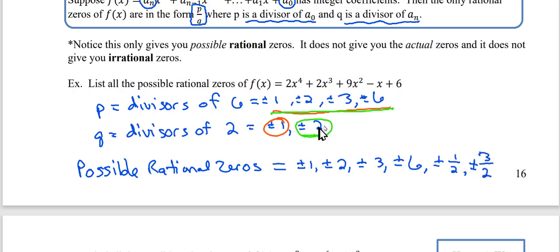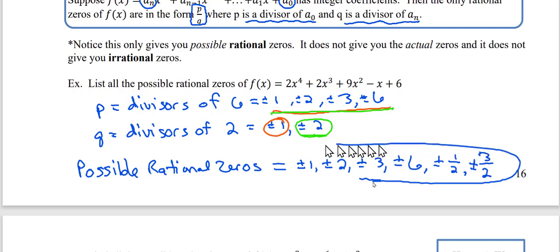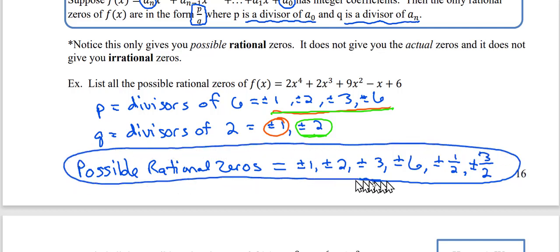And the last one, 6 over 2, gives me 3, which I already have written here, so I don't need to rewrite that. So these are all of my possible rational zeros. Going forward, you'll probably see me abbreviate possible rational zeros as PRZ.